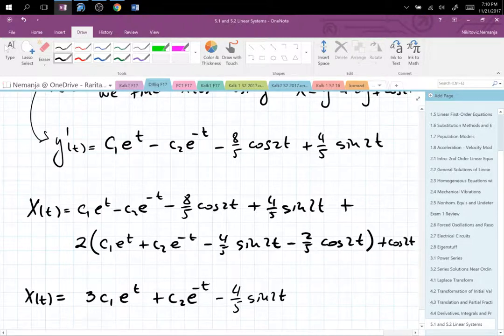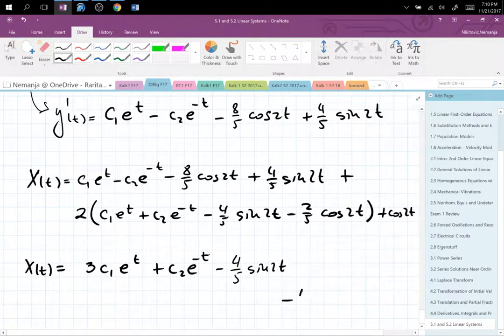And for the cosine, that's 4/5 and negative 8/5, so that's going to be negative 4/5, and then negative 8/5 more, so that's negative 12/5. And then you have plus 1, so negative 7/5 cosine 2t.